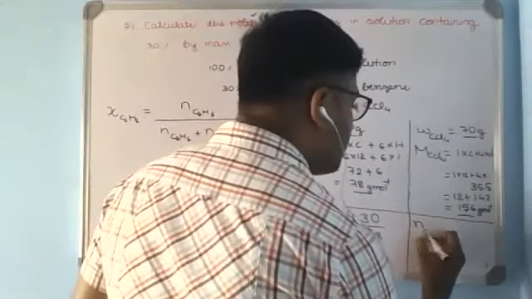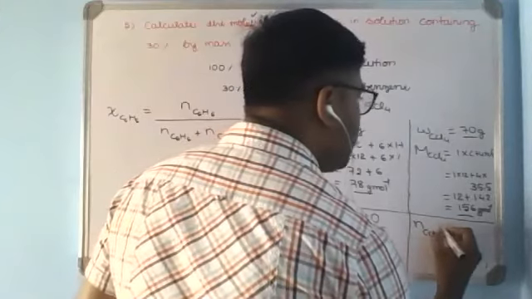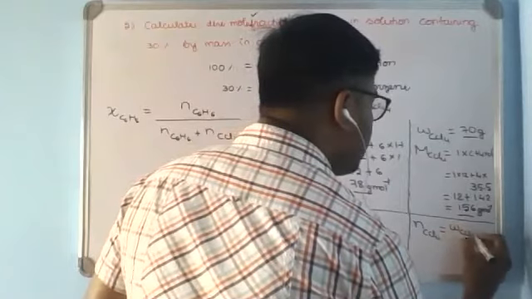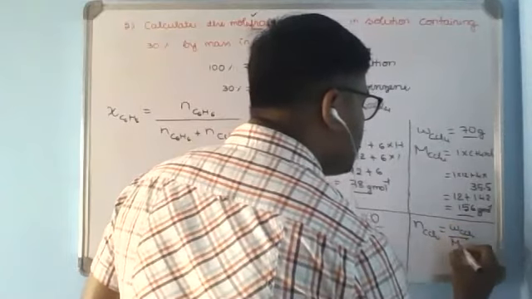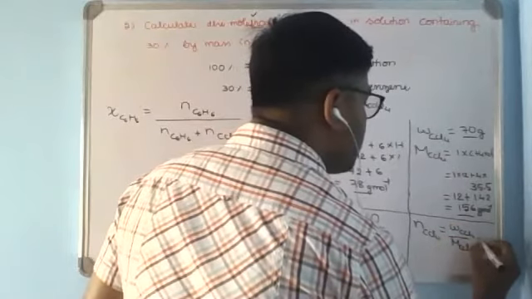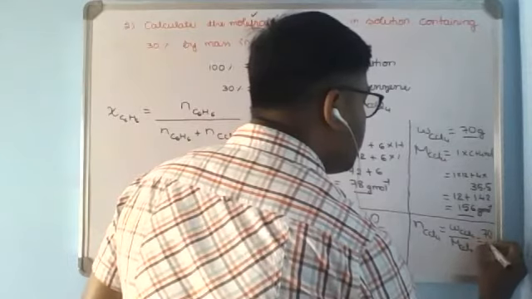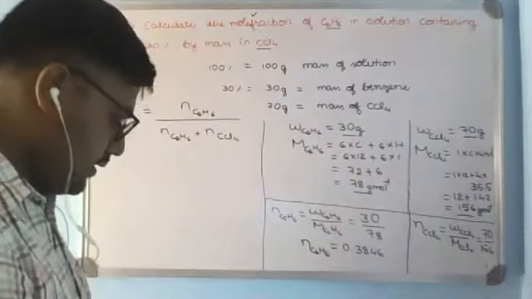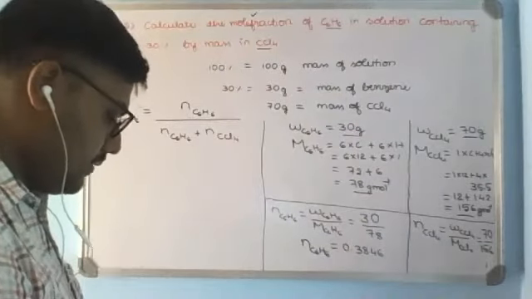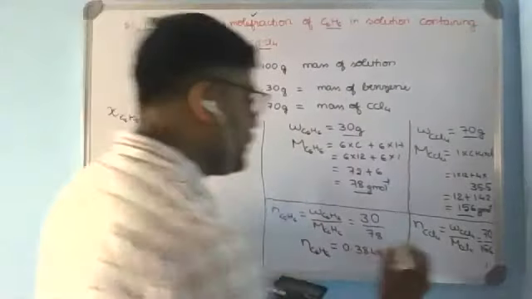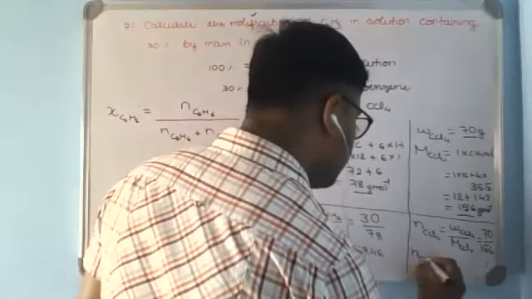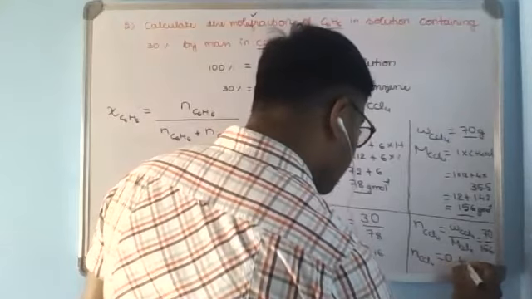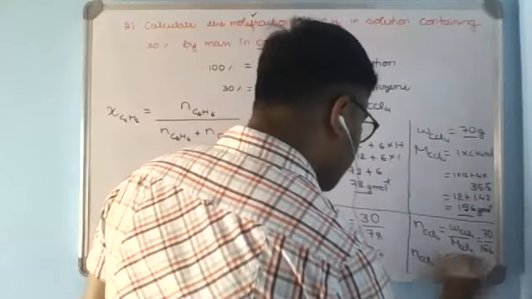Similarly, the number of moles of CCl4 is the mass of CCl4 divided by the molar mass of CCl4, that is 70 divided by 156, which is equal to 0.4487.